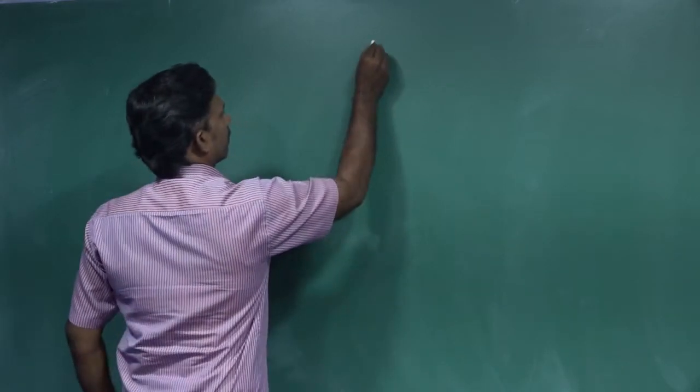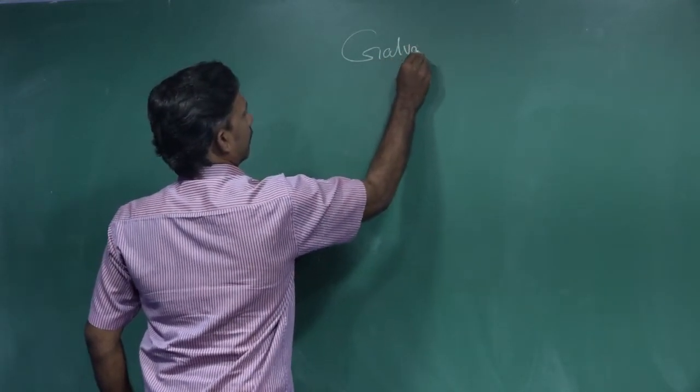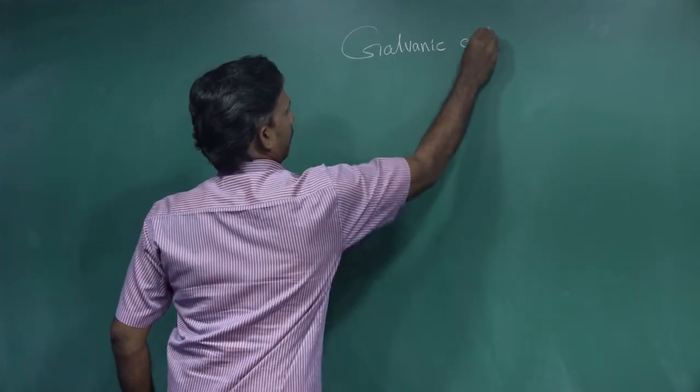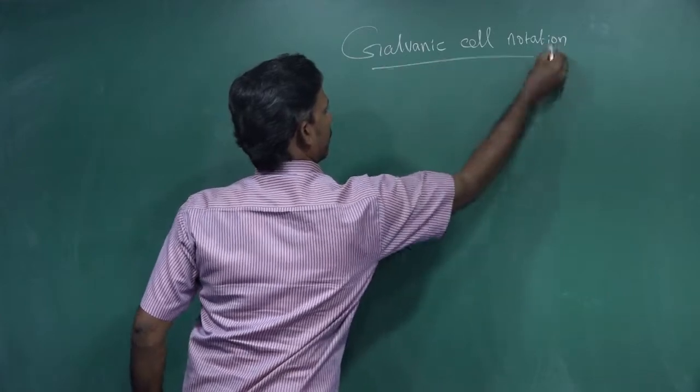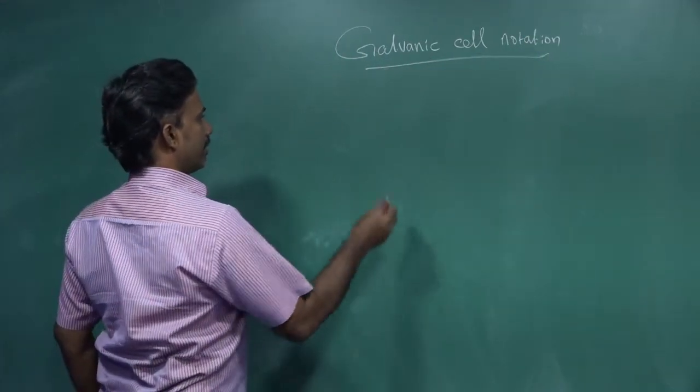Okay, galvanic cell notation. So, for example, the simplest galvanic cell, the Daniel cell.